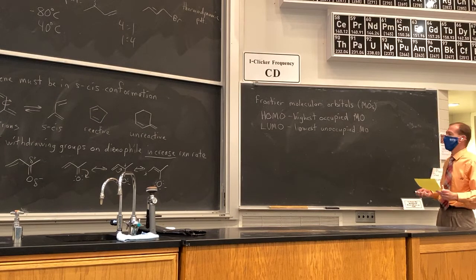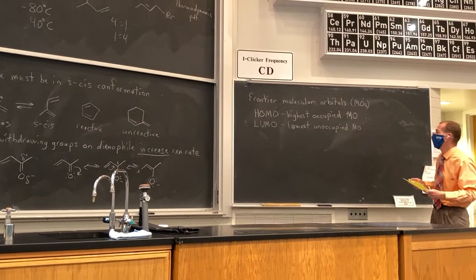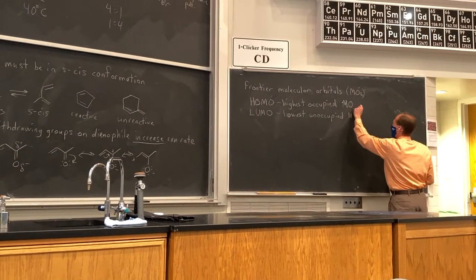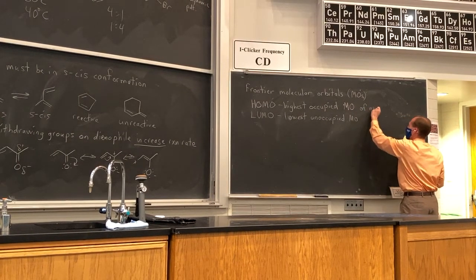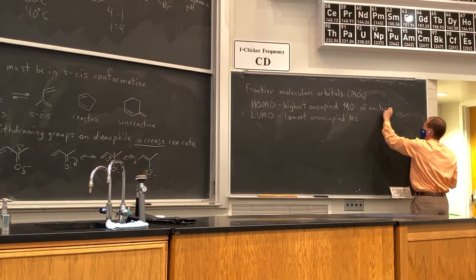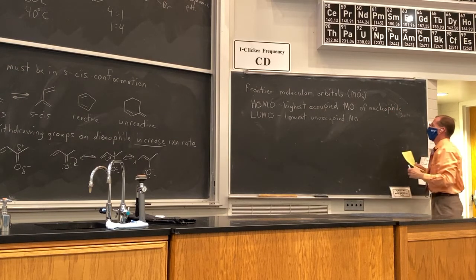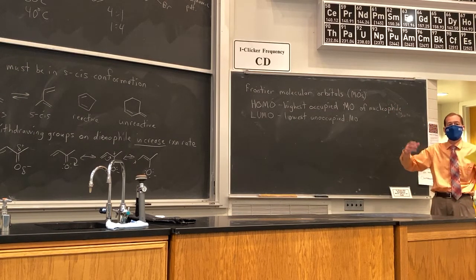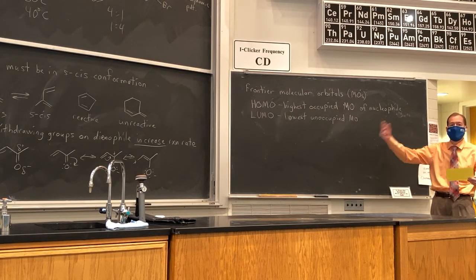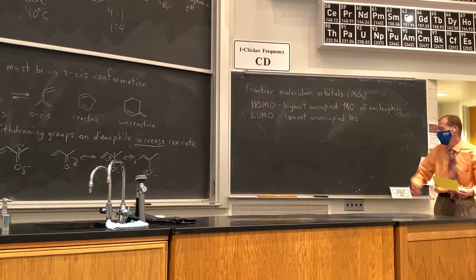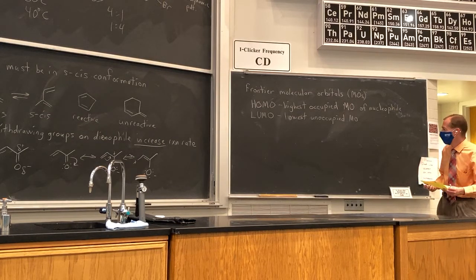So in a reaction, generally speaking, the highest occupied molecular orbital of the nucleophile is going to contain the most nucleophilic electrons in that molecule, right? If those electrons are in the highest energy occupied orbital, they're going to be the most reactive. Those are going to be the electrons participating in a reaction, okay?